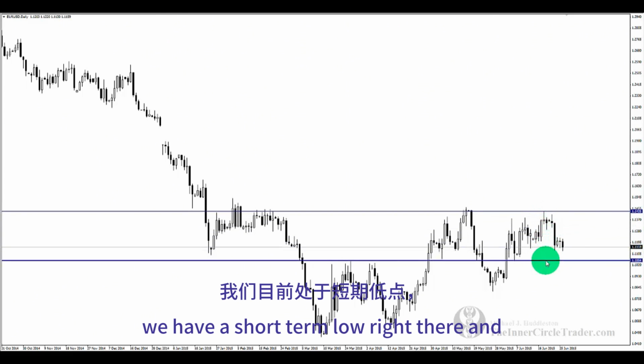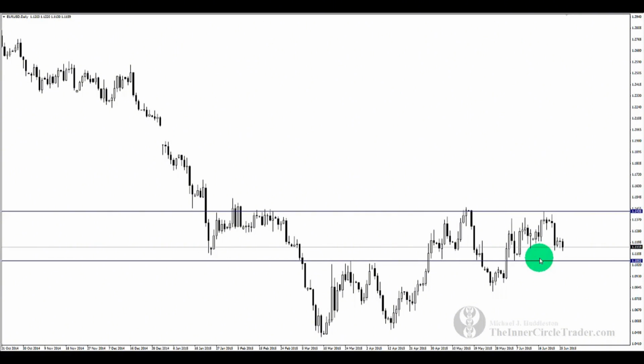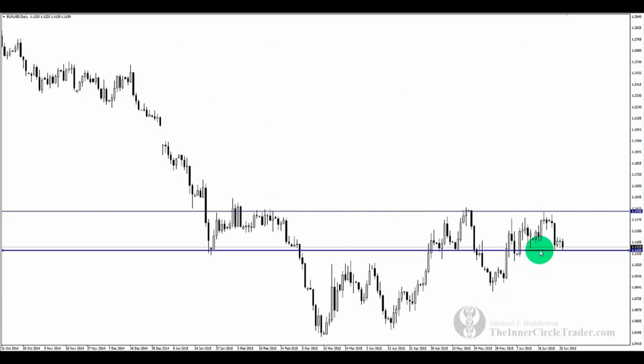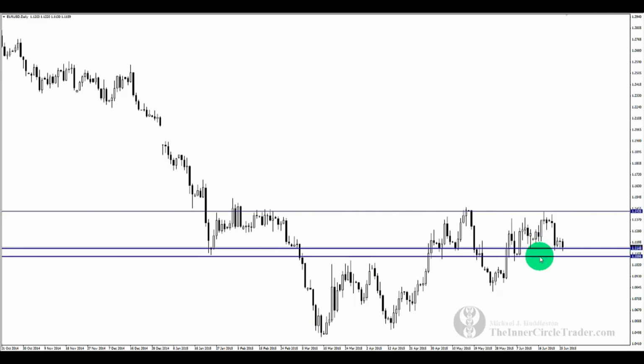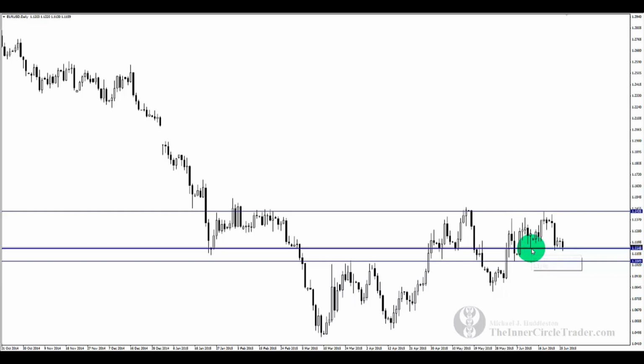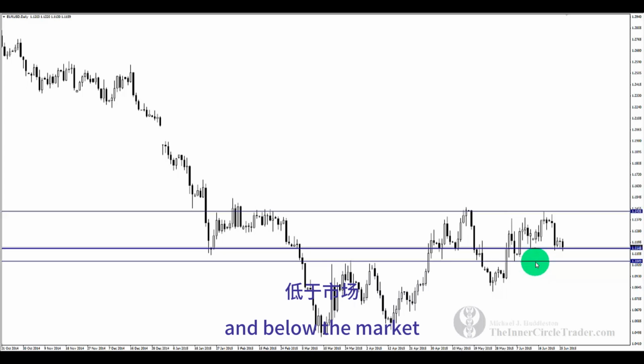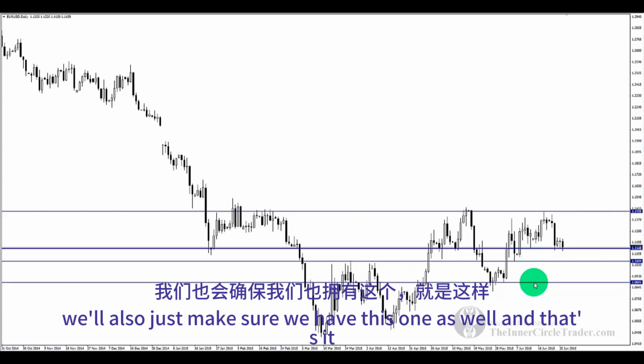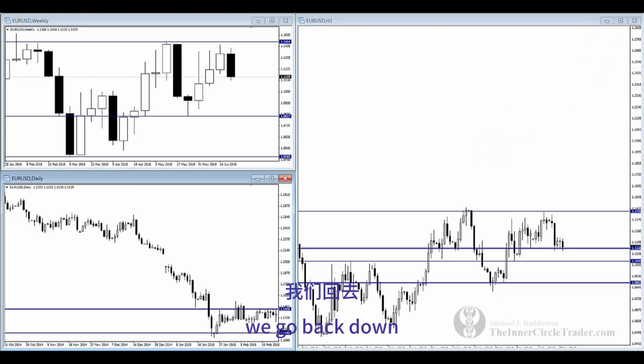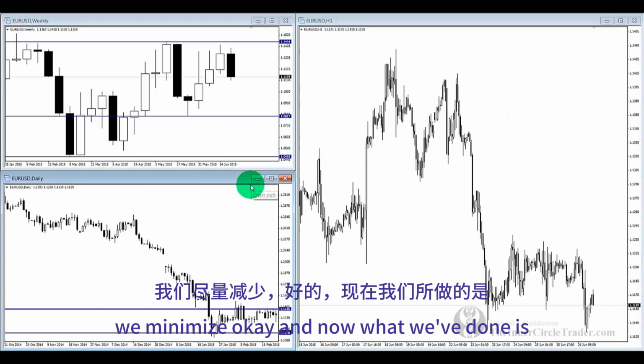We have a short-term low right there. And we'll use this one here because it was a reaction point. And below the market, we'll also just make sure we have this one as well. And that's it. We go back down, we minimize.